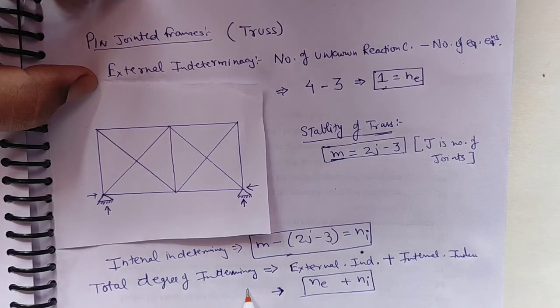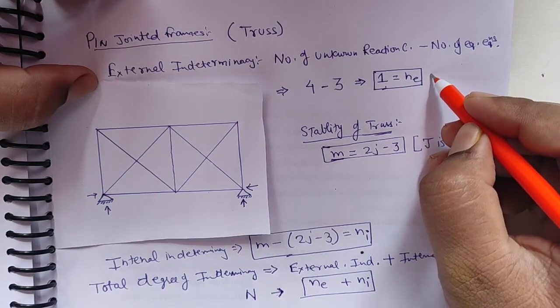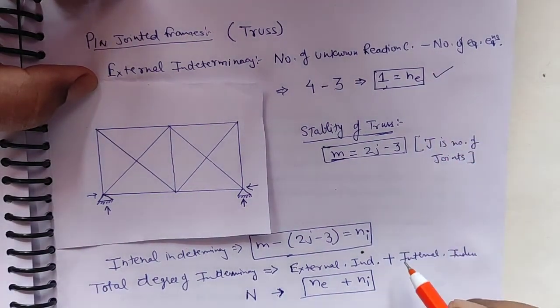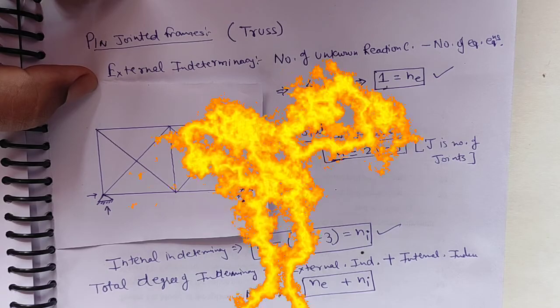This will be your total indeterminacy for pin jointed frames. So Ne is obtained from the external indeterminacy formula and Ni from the internal indeterminacy formula. Now using both formulas, let us solve this truss.